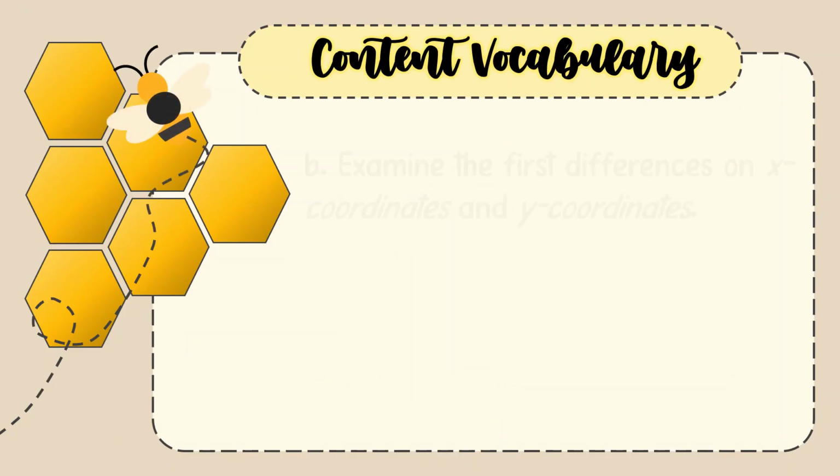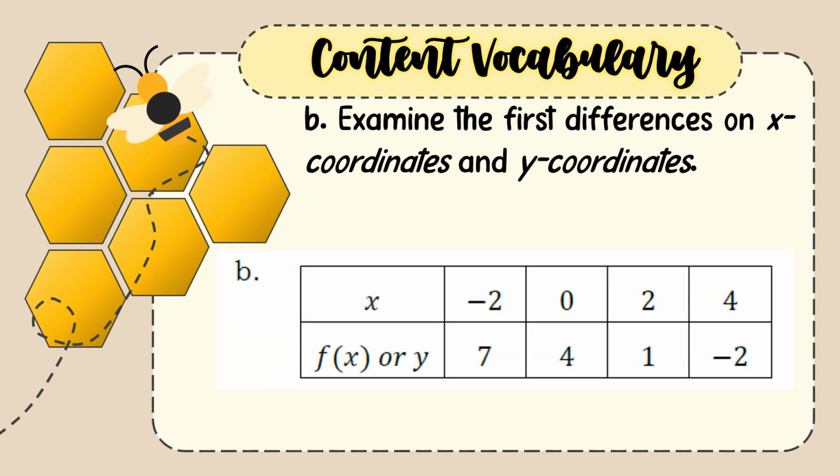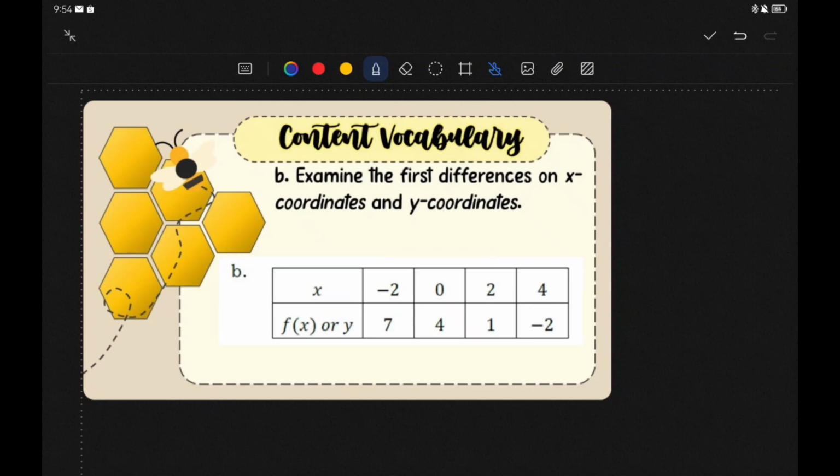Now let us solve for the first differences on x coordinates and y coordinates for table B. For table B, we are going to subtract 4 minus 2, that's 2. 2 minus 0, that's 2. 0 minus negative 2, that's 2.